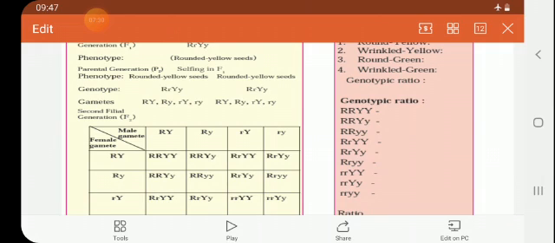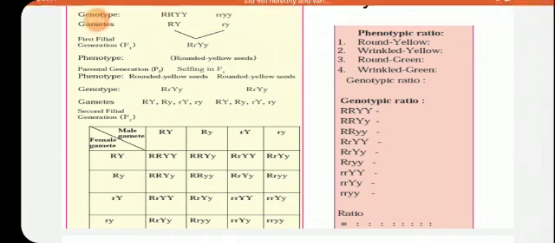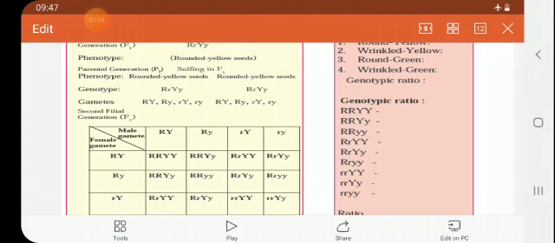Okay. So if it has both the small r and the small y, it will be round and yellow. But if it has small r both and a capital Y, at that time what will be there? It will be wrinkled and yellow.